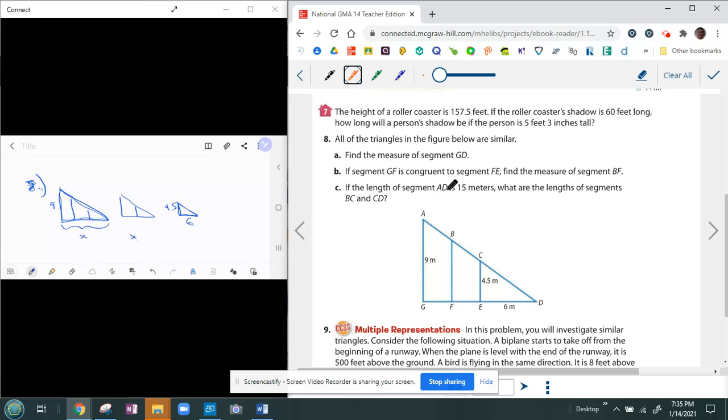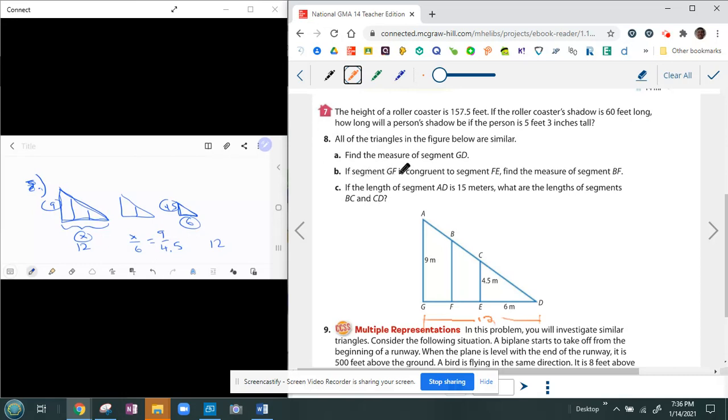So we go x to 6 is equal to 9 to 4.5. All right, and when we solve that, we get 12. So now we know that this whole length is 12.